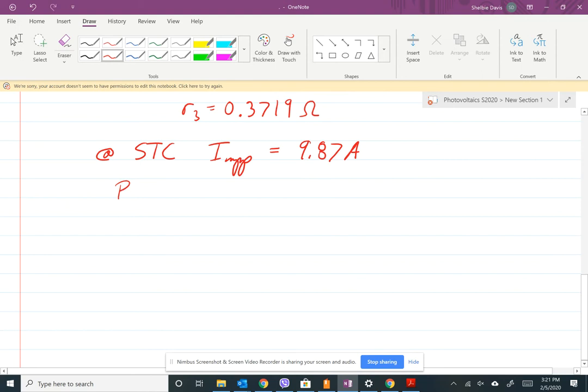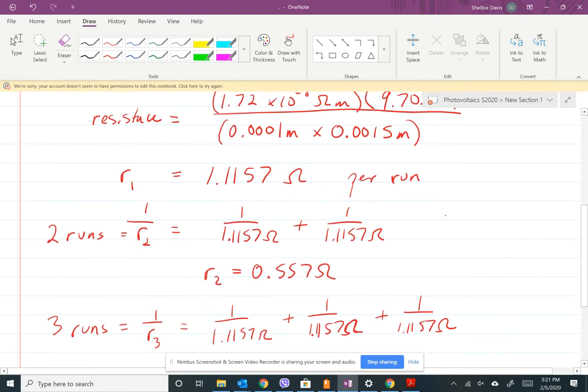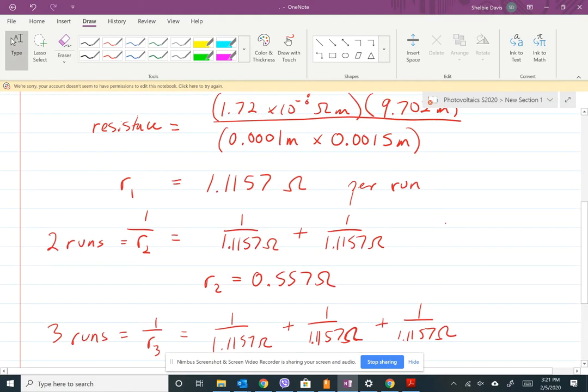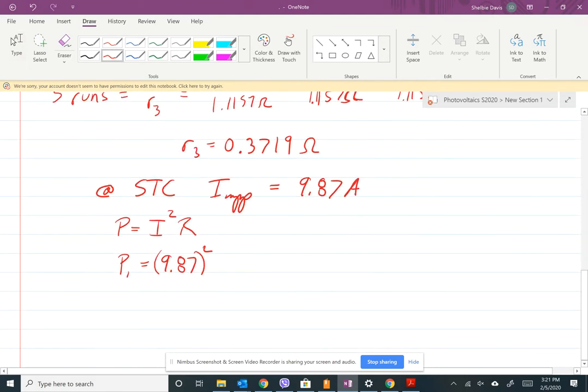So we know power is equal to current squared times R. So we can just do that for P1 is equal to the 9.87 squared times our R1, which is about 1.1157 ohms.